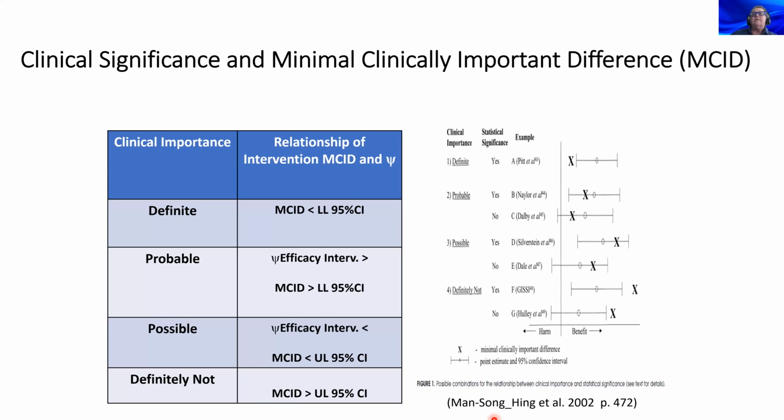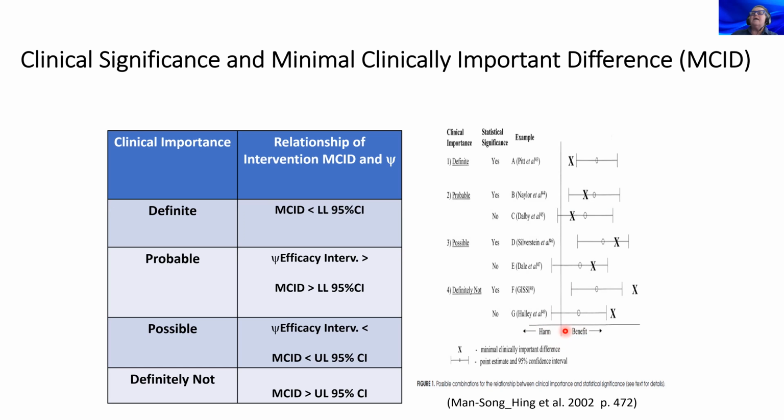There's an article out from 2002, and this is an amazing article in terms of looking at clinical importance and the minimal clinically important difference and the categories. What you do is look at what's happening in terms of the minimally clinically important difference, the MCID, which is represented by this X. The line that you see here is the 0 line in terms of statistical significance.